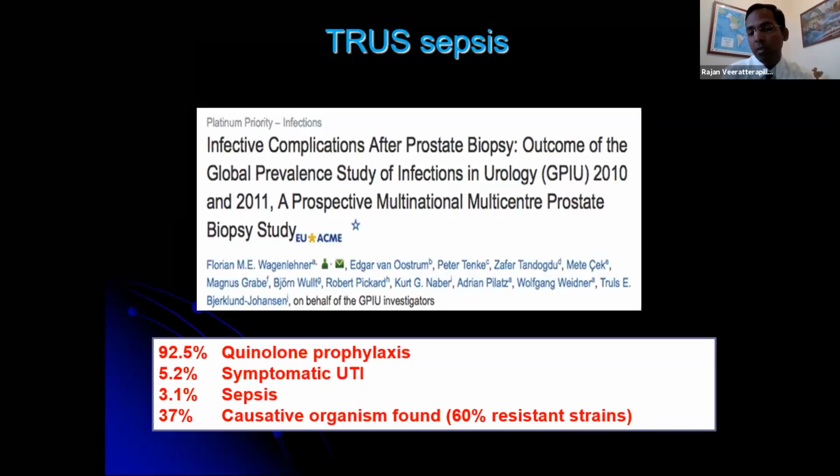The rise in antibiotic-resistant organisms is a big concern for us. And certainly that's led to the development of further techniques such as rectal swabbing prior to the procedure to detect these organisms and perhaps more accurately target your antibiotic prophylaxis, or perhaps cleaning the rectum with povidone prior to biopsy.